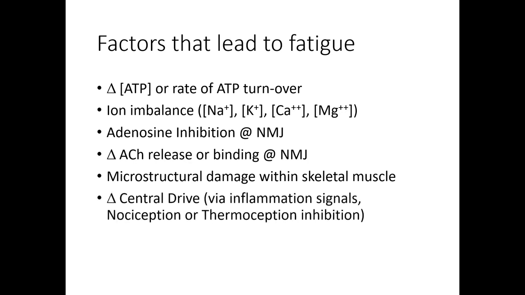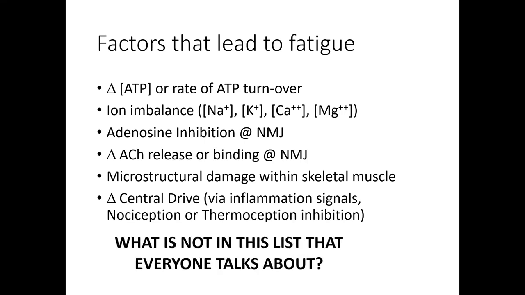A change in central drive, inflammatory signals, nociception, thermoception, all send inhibitory signals that say, hey, dummy, you need to stop doing this activity. Now, what I'd like you to do is think about what is not on the list that everybody talks about as relates to fatigue. And that's one question that we will approach when we get together and discuss this issue in lecture.